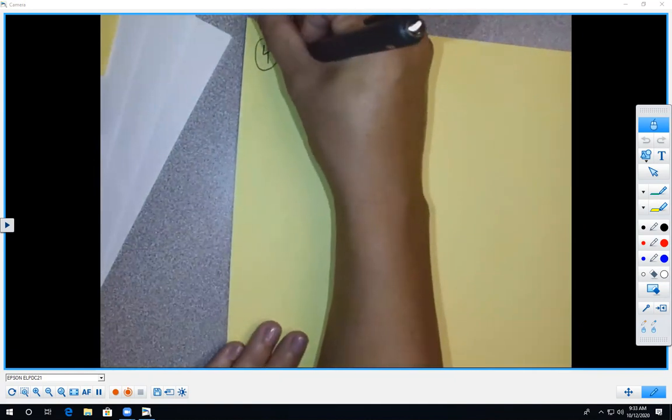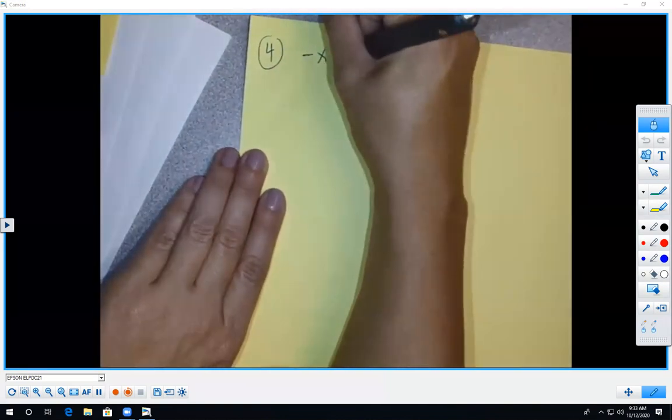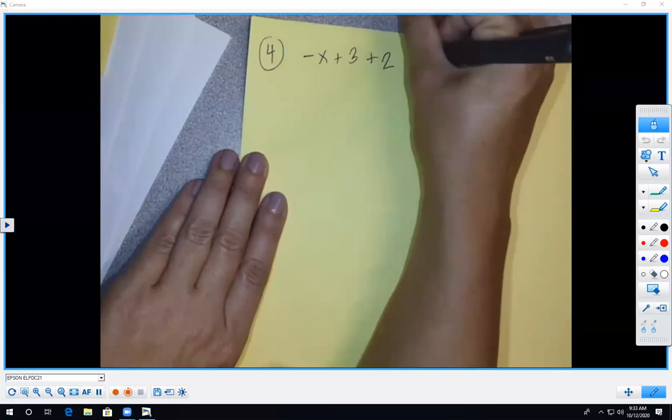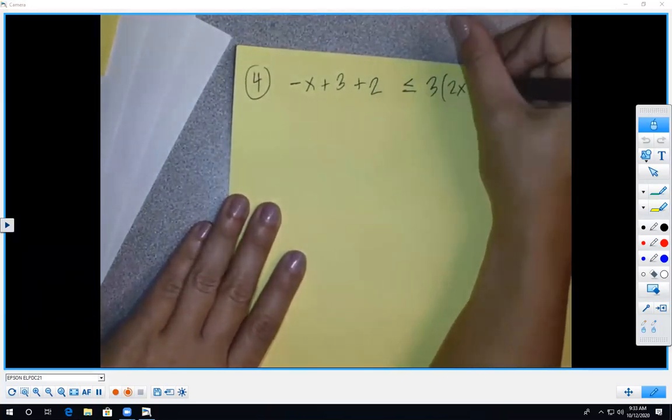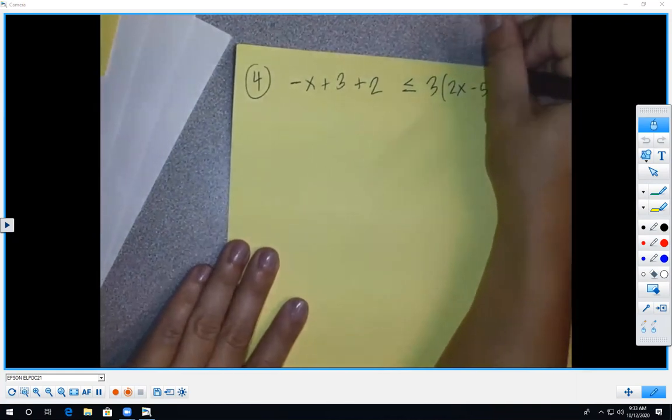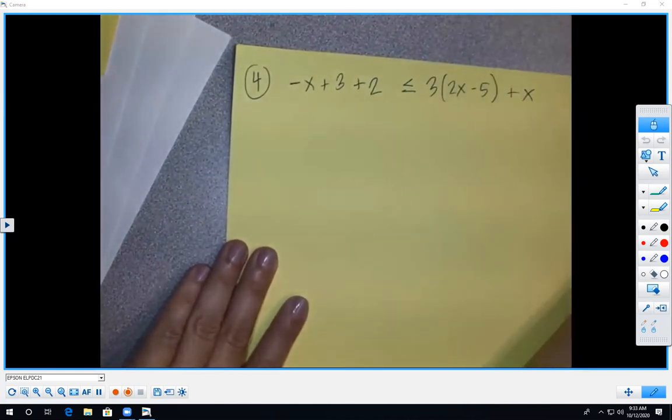If we had -x + 3 + 2 is less than or equal to 3 times (2x - 5) + x.